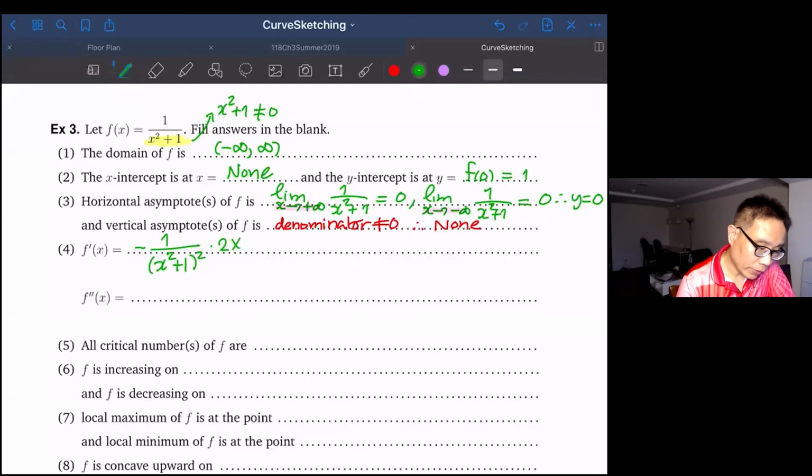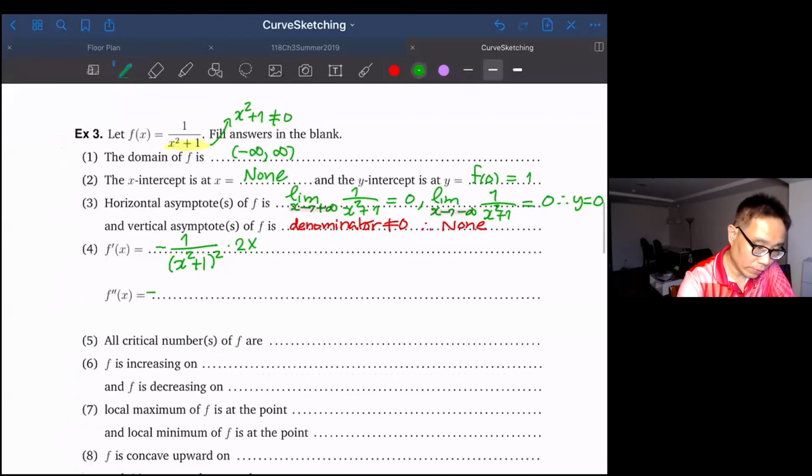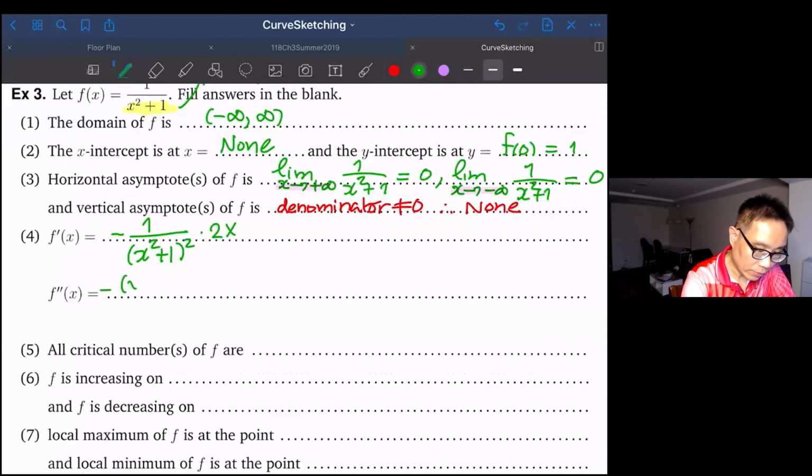The second derivative will be using the quotient rule. So it's going to be the bottom. You have the negative sign outside, and you're going to have the bottom times the derivative of the top, minus the top, which is 2x, times the derivative of the bottom.